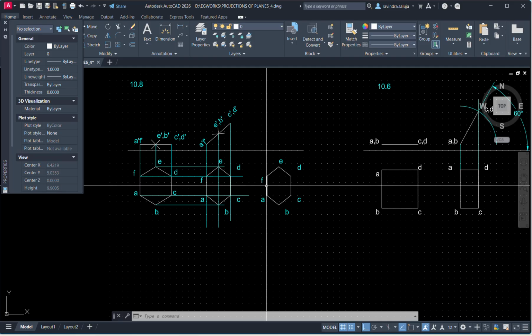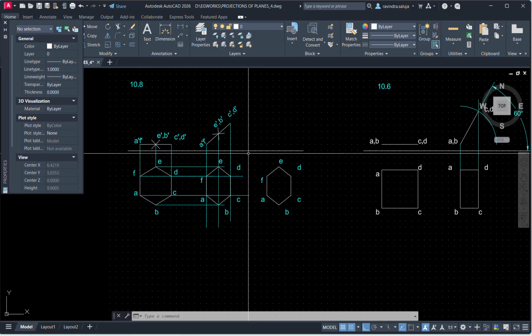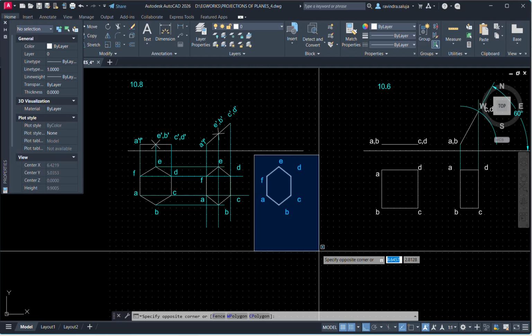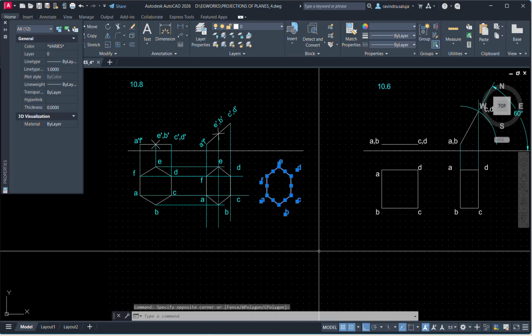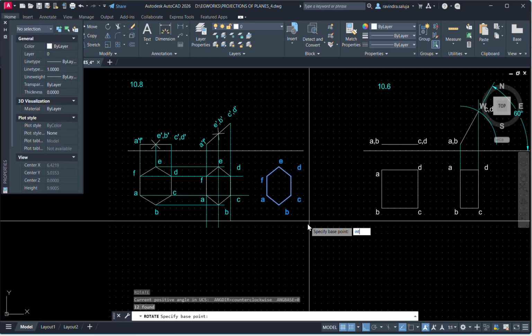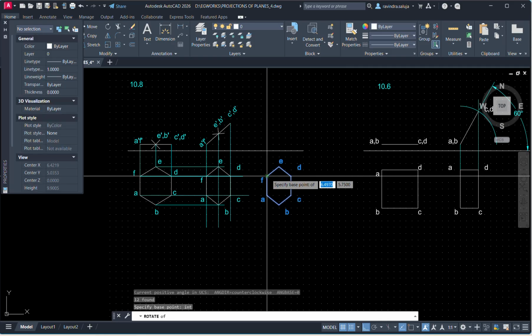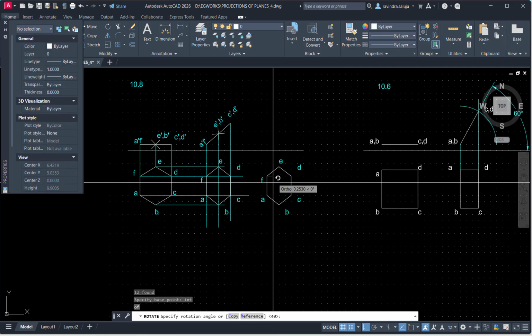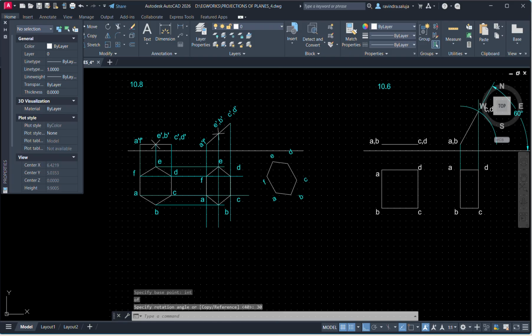So right now it is 90 degrees. So how much inclination do you require? 30, because already it is at 90 degrees. So you need to rotate only 30, considering the point F. So that 30° you have inclined.